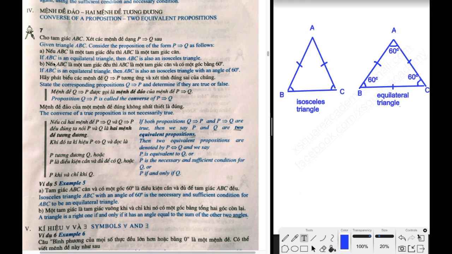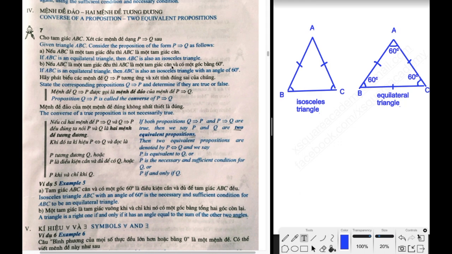Firstly, problem A. If ABC is an equilateral triangle, then ABC is also an isosceles triangle, right? It's easy because an isosceles triangle just needs two sides equal to each other. So an equilateral triangle satisfies this request.